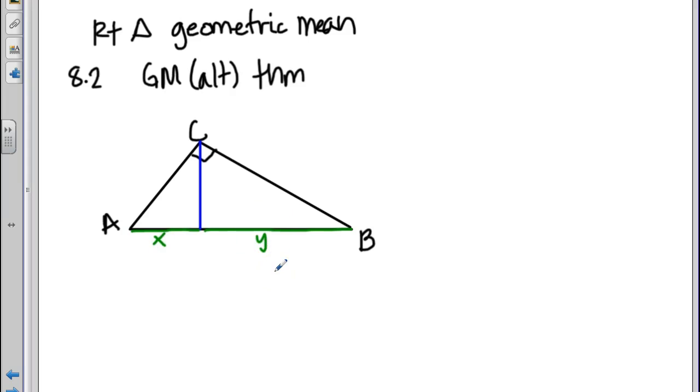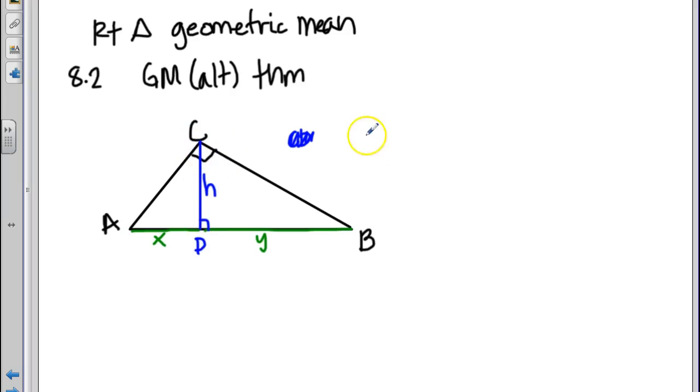The length of the altitude, so here's my altitude, let's call this CD. The length of CD is the geometric mean between the lengths of these two segments. Now we already know how to find the geometric mean, right? So the length of CD, actually let's just call this H. That means height, which is also altitude.